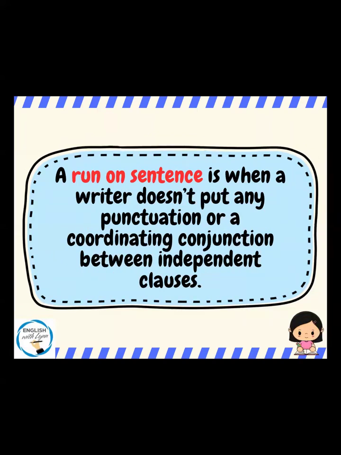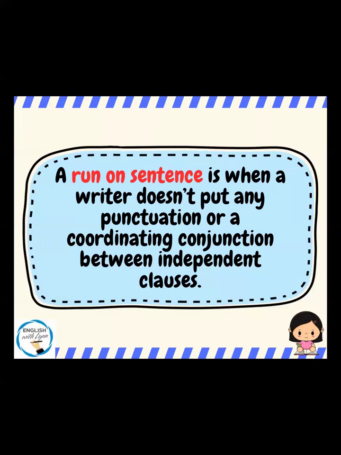And when we are talking about run-on sentences, they are one way of incorrectly punctuating your sentences, because a run-on sentence is when you don't have any punctuation or a conjunction between your main clause and either the subordinate clause or your other independent clauses.